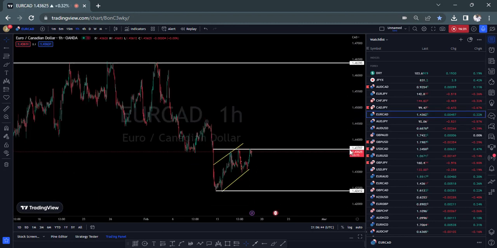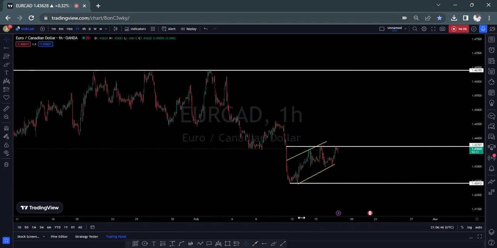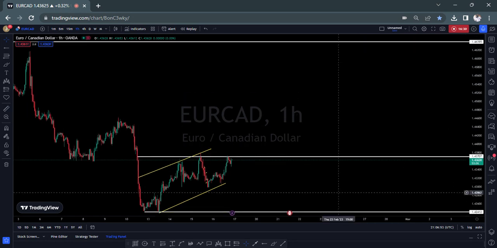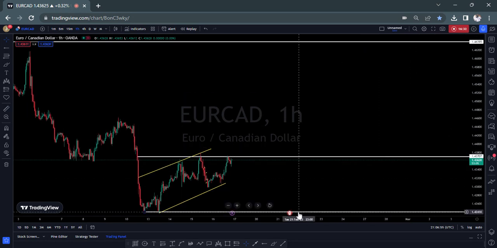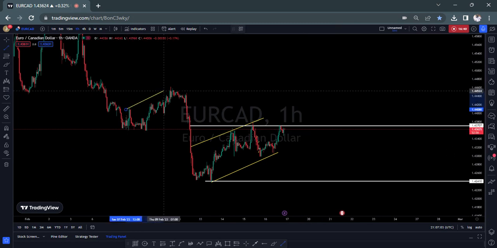Euro card. Should I analyze? Okay. Yeah, Euro card straight up. I would just talk briefly on Euro card. You can see similar occurrence.